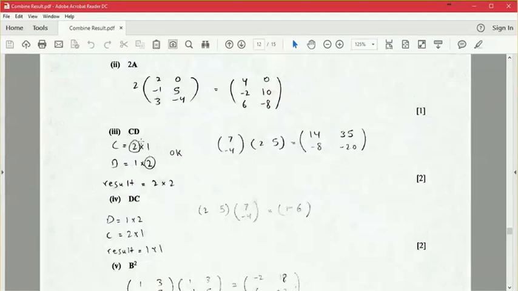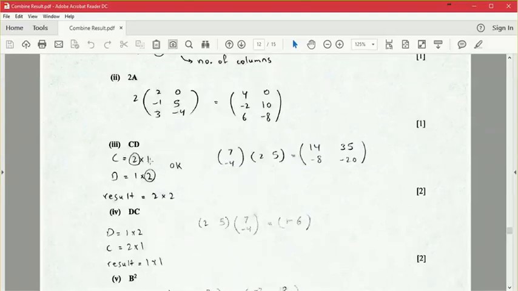So it's okay to multiply it, but we don't know the result size. To know it, we will take the number of rows of the first one and the number of columns of the second one, the opposite of what we did to know if we can calculate it. The number of rows of the first times the number of columns of the second, which is 2 times 2, to get the result matrix, this one.